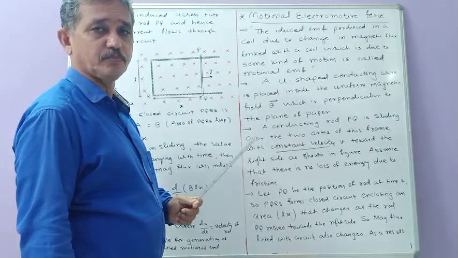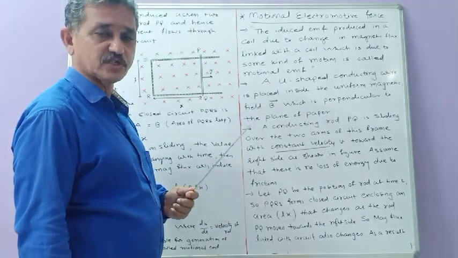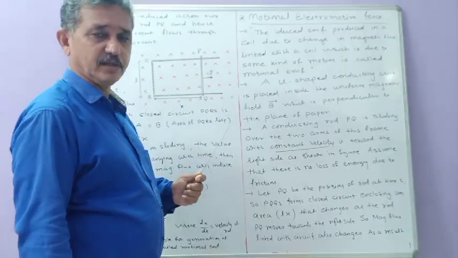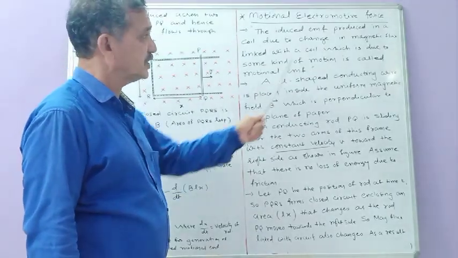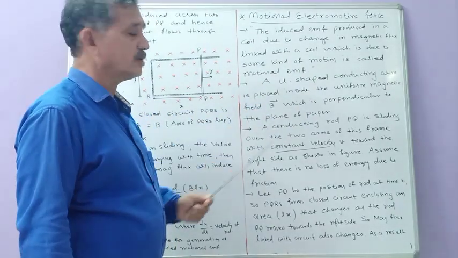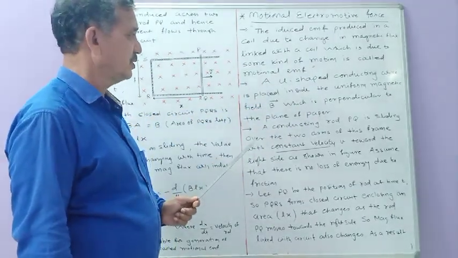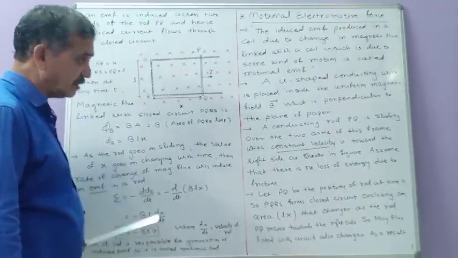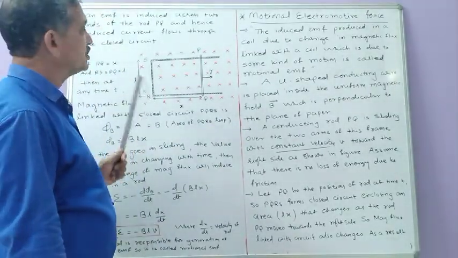Induced EMF produced in a coil, due to what? Due to change of magnetic flux linked with the coil, and this change of magnetic flux is due to what? Which is due to some kind of motion, is called what? Motional EMF. To derive the equation of this motional EMF, E equal to minus LBV, we consider this diagram.